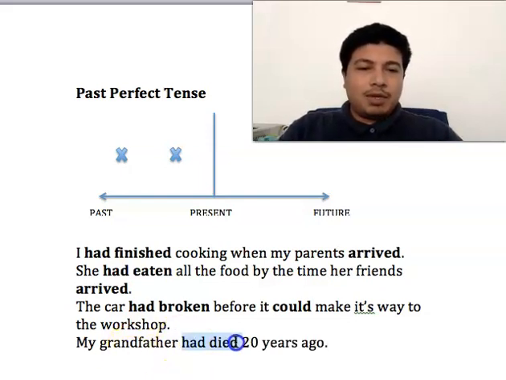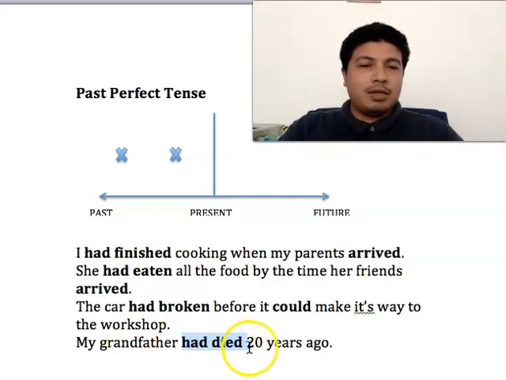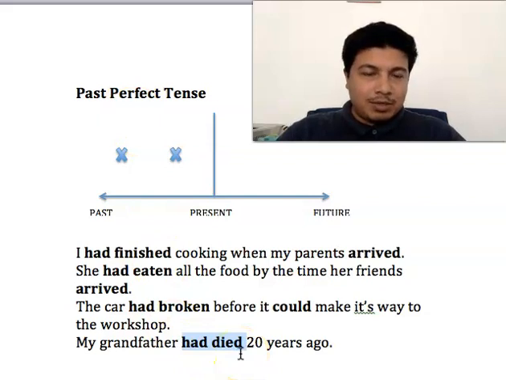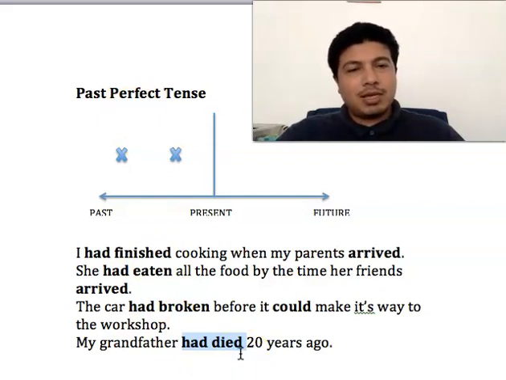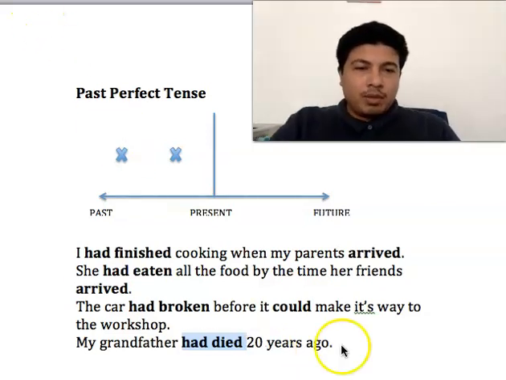You only have one thing that happened in the past because it is perfected. It is completed. No longer will happen. So you want to stress that the person had died 20 years ago. So you can also use the perfect tense. My grandfather had died 20 years ago.